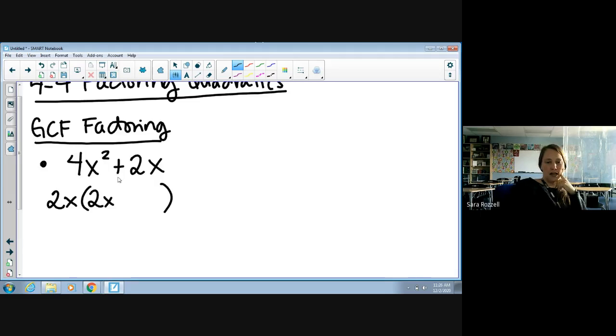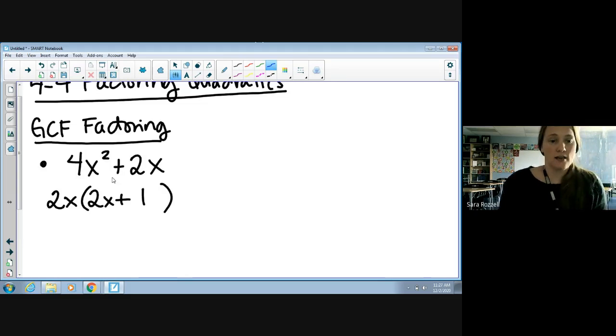Okay. All right, so now we're going to keep our plus sign. We're going to go to our next term. I want to see 2x times what is going to give me 2x? 1, right? 2x times 1 gives you 2x. So we always want to double check and see if I distributed, would I get my answer?